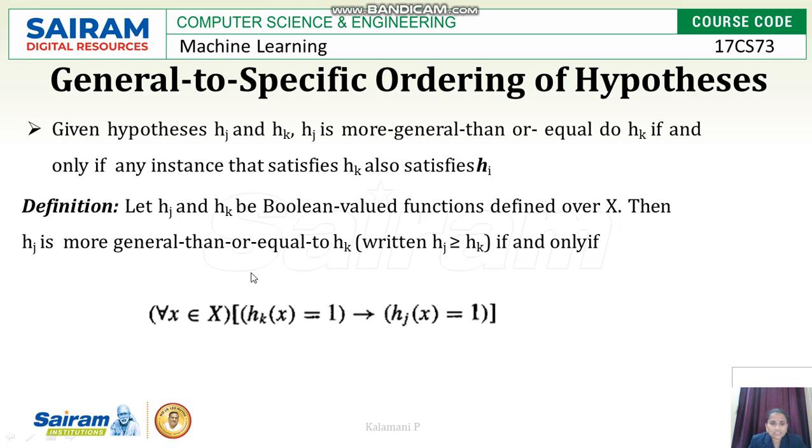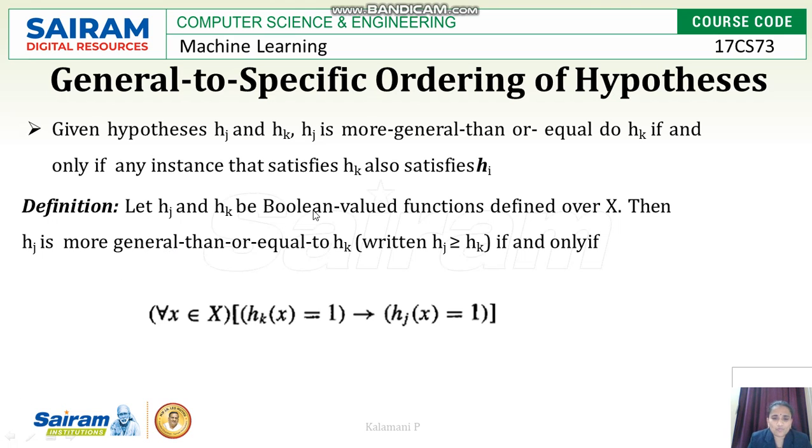So given hypotheses Hj and Hk, Hj is more general than or equal to Hk if and only if any instance that satisfies Hk also satisfies Hj. That's the reason we say Hj is more general than Hk.